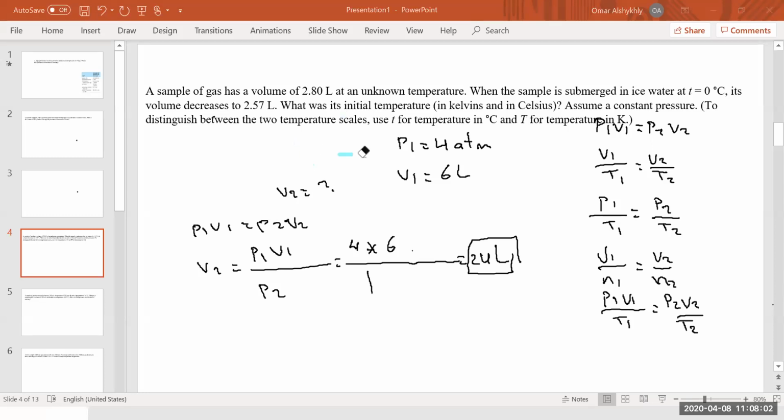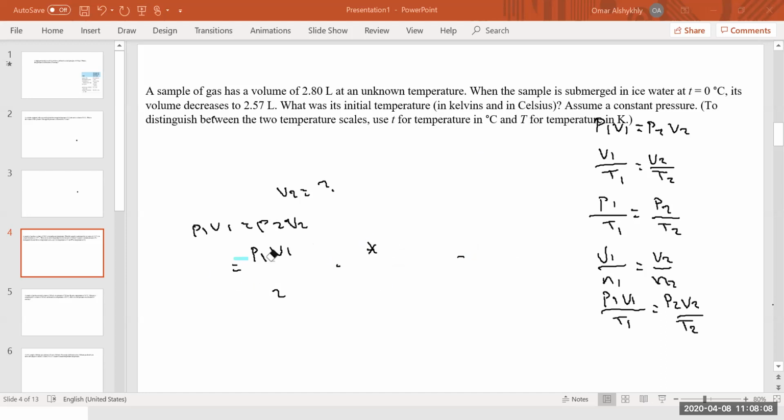Let's look at the second example here. A sample of gas has a volume of 2.8 liter and unknown temperature.